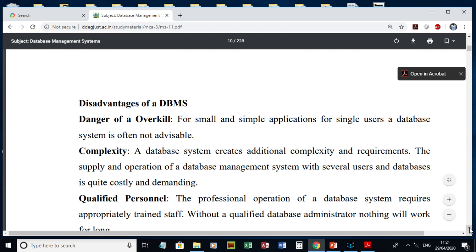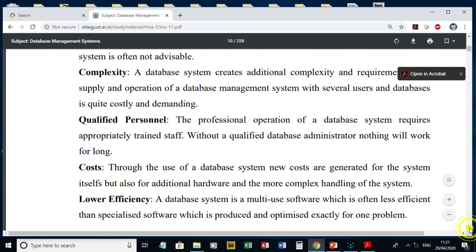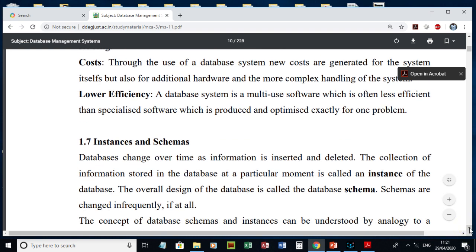The fact that there is a disadvantage doesn't mean that you don't need to use a database. We need to work our way through, and I think the disadvantages are not difficult at all.